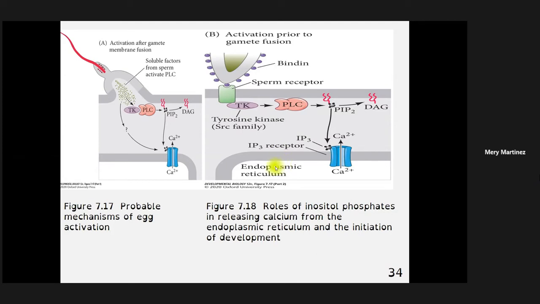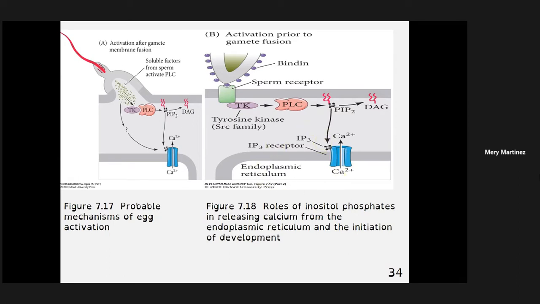Okay, so when the sperm binds to the receptor, that is this green here on the cell surface, there is a change in conformation. Okay, it's the same type of thing that we saw when we were discussing the transcription factors, remember? So this receptor undergoes a change in conformation that initiates the reaction within the cytoplasm of the egg.